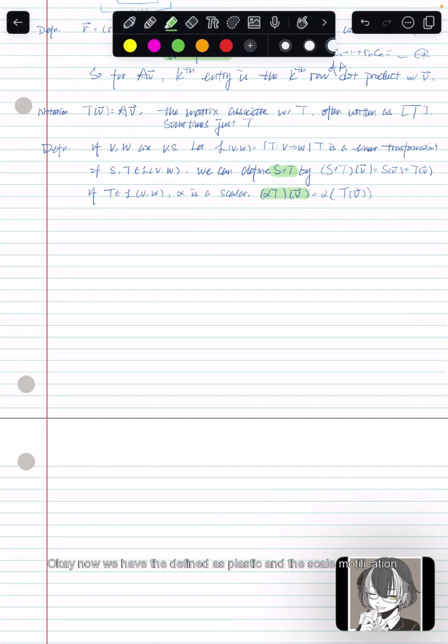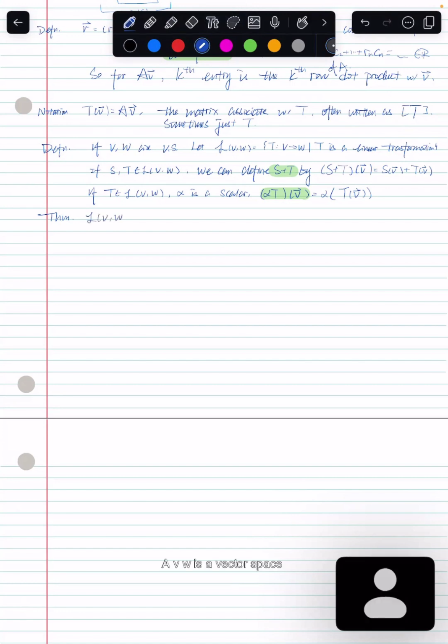Okay, now we have defined S plus T and the scalar multiplication. That actually reminds you of a vector space, and the theorem we're introducing is that this L of V, W is a vector space.